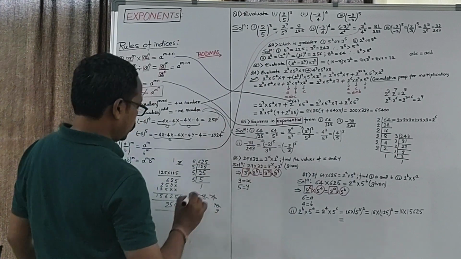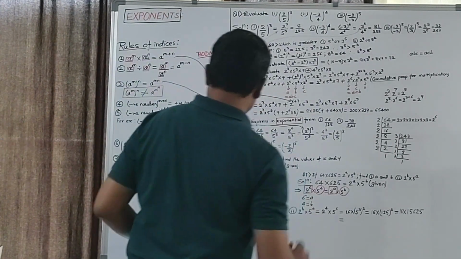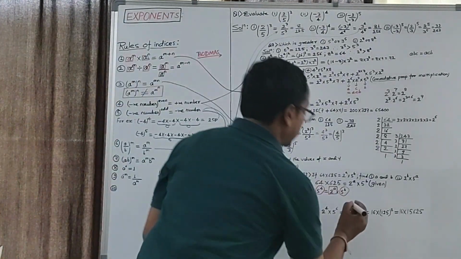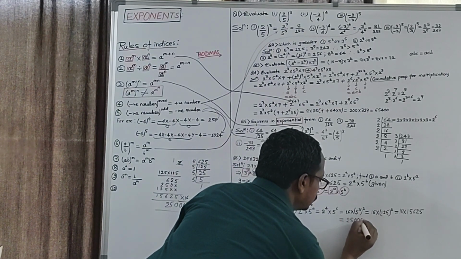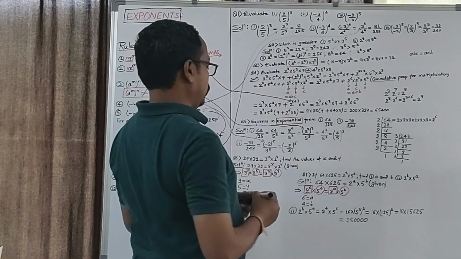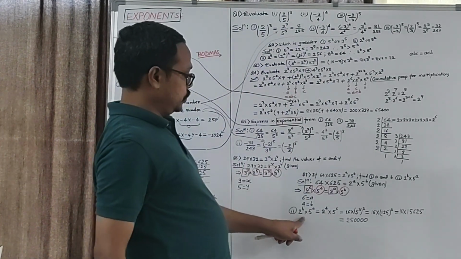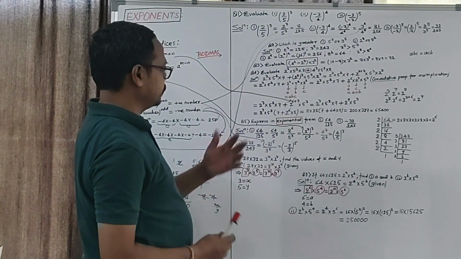It is coming 250000, right? So this is how we calculate the values in easy sums.